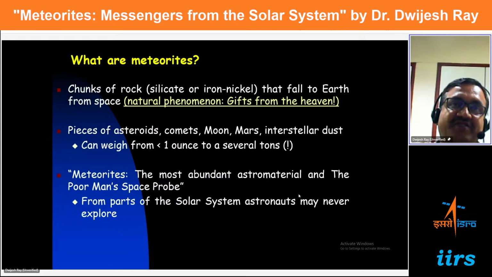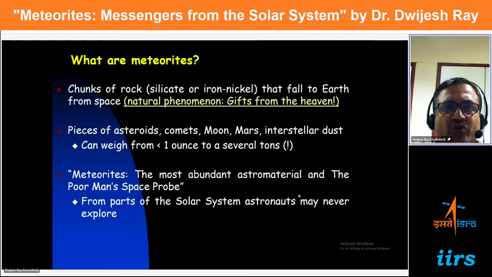Those are not meteorites because they did not fall naturally. The weight of a meteorite could be very light, 1 ounce, or maybe several tons, because if it is made up of iron-nickel alloy, it will be very heavy.